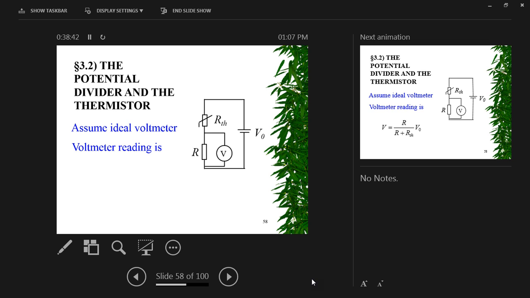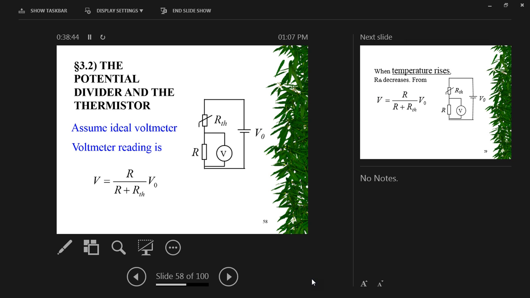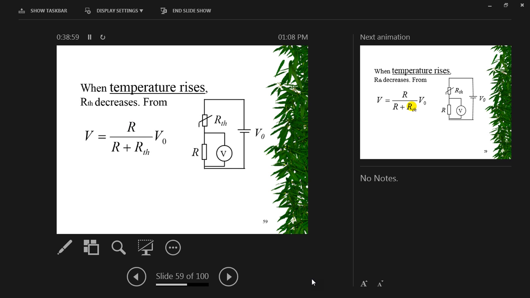So how do I measure this potential difference? Well, I just apply my potential divider principle, and I'll get its potential difference V as a combination of V0, R, and RTH. Now here's the nice thing that happens. When the temperature rises, RTH will decrease, so the denominator decreases.